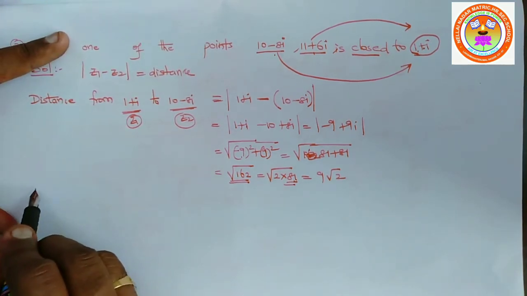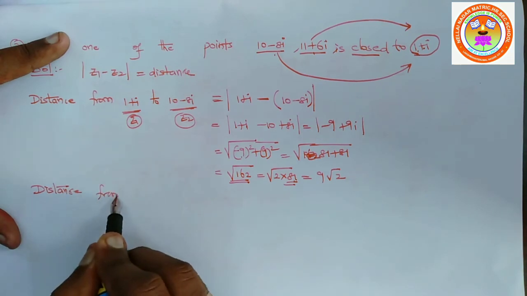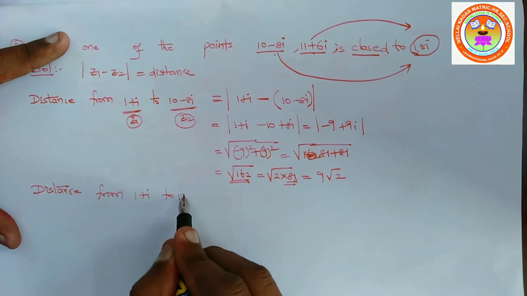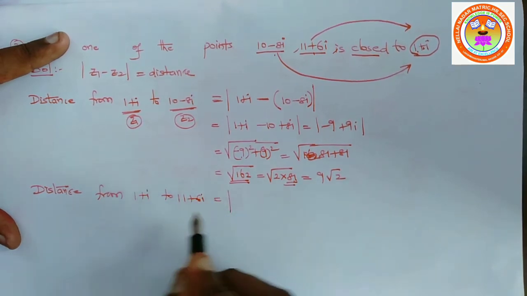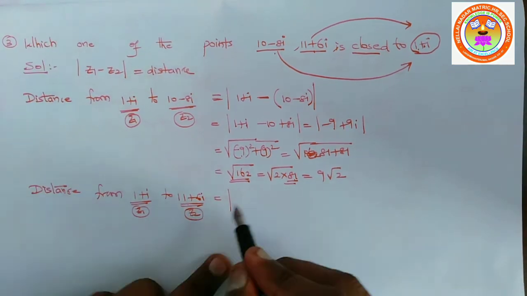The final answer next. Distance from 1 plus i to 11 plus 6i. The same formula: this one is z1, this one is z2, z1 minus z2.